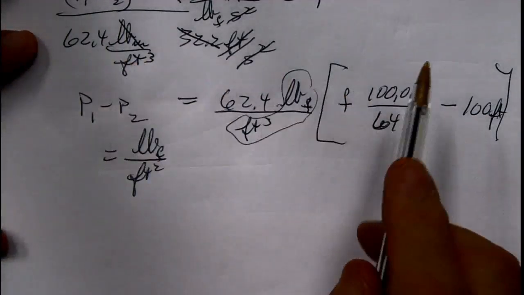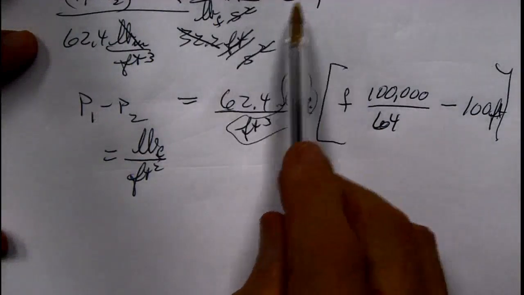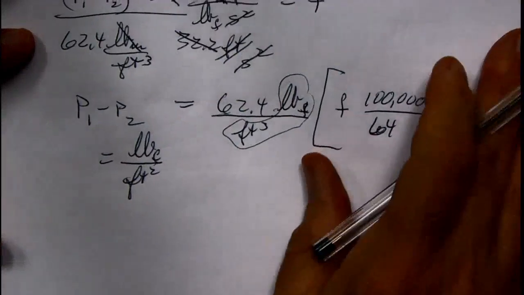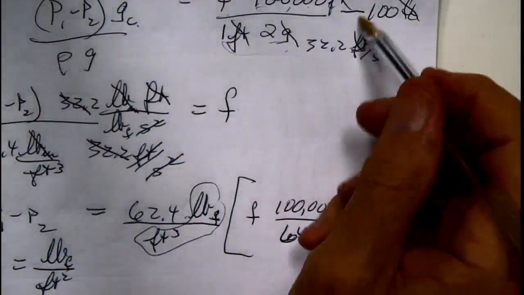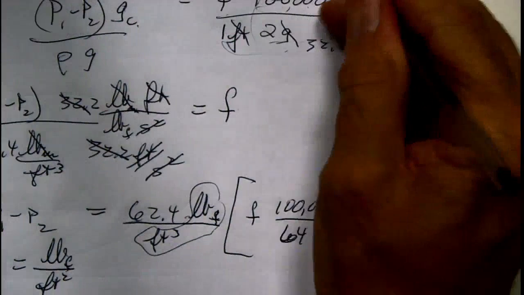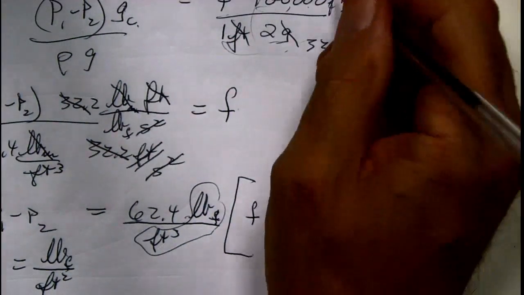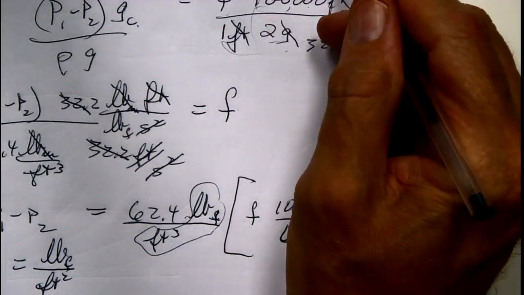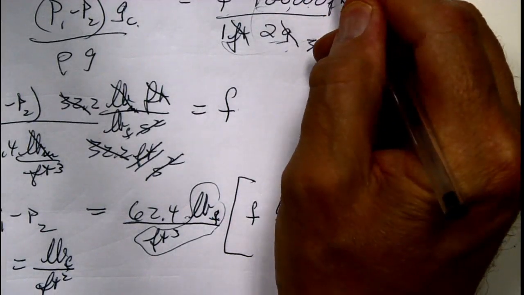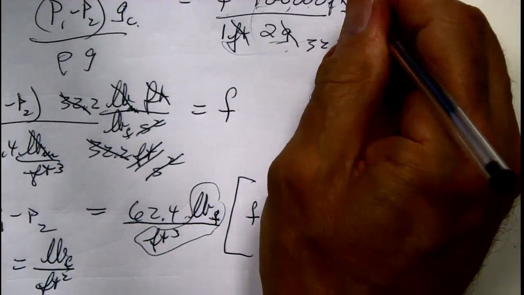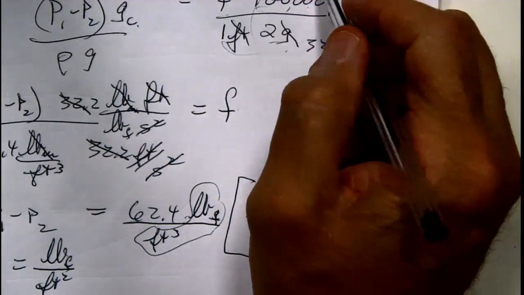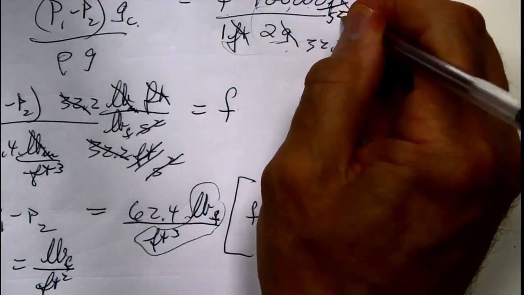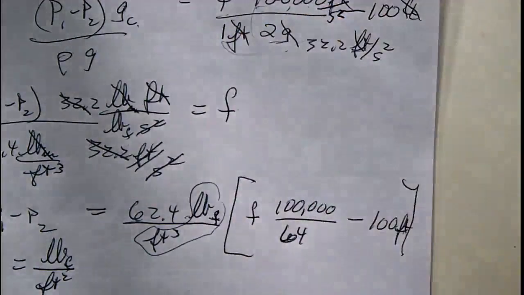All I have to do is worry about this term up in here. This is velocity squared. So I have a foot and foot squared in here. So this 100,000 is actually cubic foot, and that will be per second squared. So I'm correcting my units here.